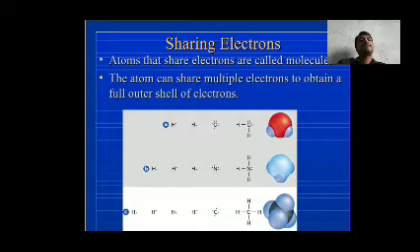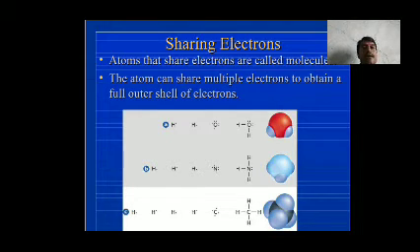The atoms can share multiple electrons to obtain a full outer shell of electrons. Hydrogen has 1 electron, and another hydrogen atom also has only 1 electron in its valence shell. These two electrons are mutually shared to form a hydrogen molecule.